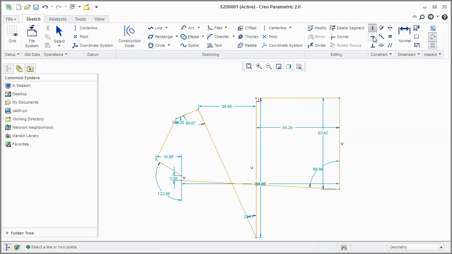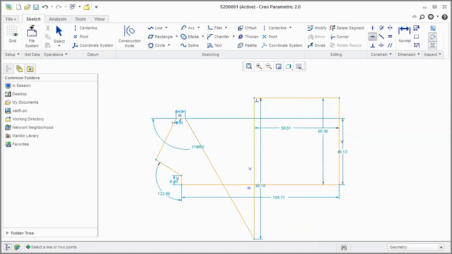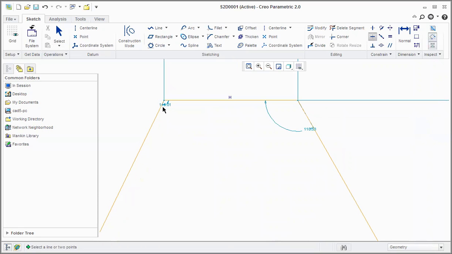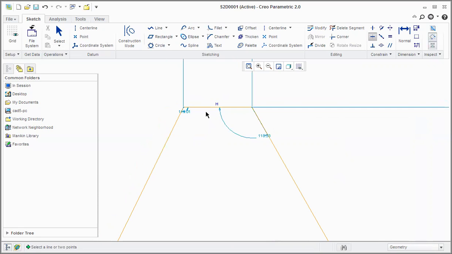Next one is the horizontal constraint. Similarly, suppose you want to draw this line horizontal, then we can use this horizontal constraint command. After that, perpendicular. Suppose this angle is 115, and you want to draw this line perpendicular to this horizontal line.